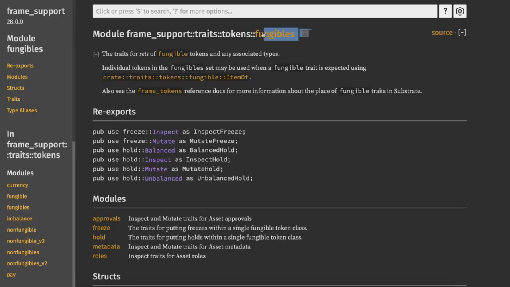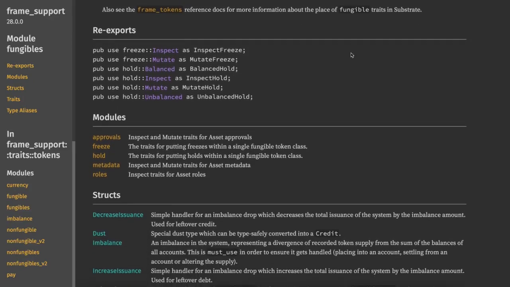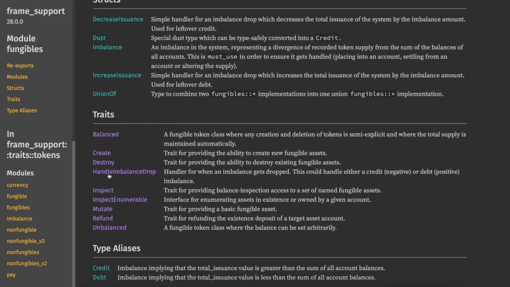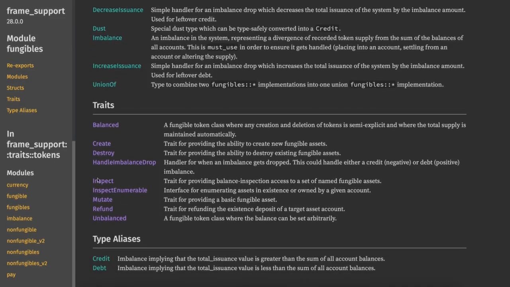For example, 1 KSM is equal to any other 1 KSM. This is in contrast with non-fungible tokens, NFTs, where each token is unique and has its own value. So again, this documentation is pretty important to look at when working with these pallets.